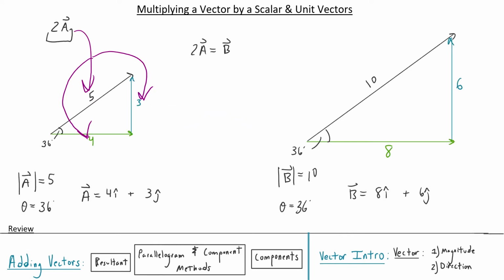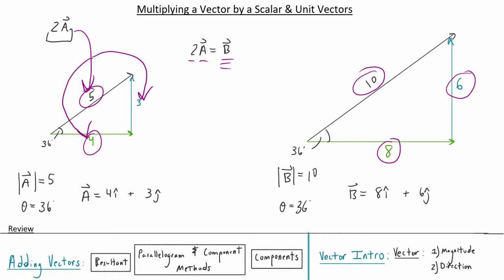So we do 2 times the magnitude, the length of A, 5, to get the magnitude, the length of B, 10, 2 times the x component, 4, to get 8, and 2 times the y component, 3, to get the new y component, 6. So if I took a scalar 2, multiplied it by a vector A to get some new vector B, this right here would be vector B.